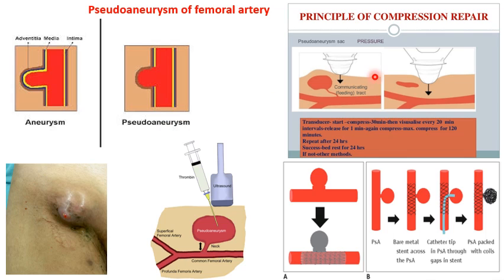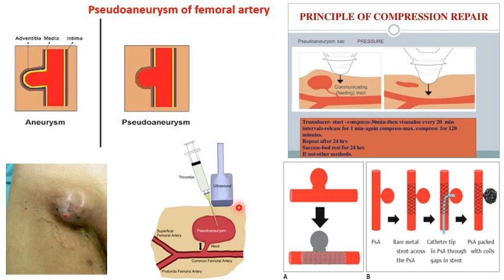So this can be treated by compression under ultrasound, done in a few sittings, where the feeding tract of this pseudoaneurysm can be obliterated. Number two is that thrombin is injected into it so that it will get clotted. One has to be very careful in doing this procedure.